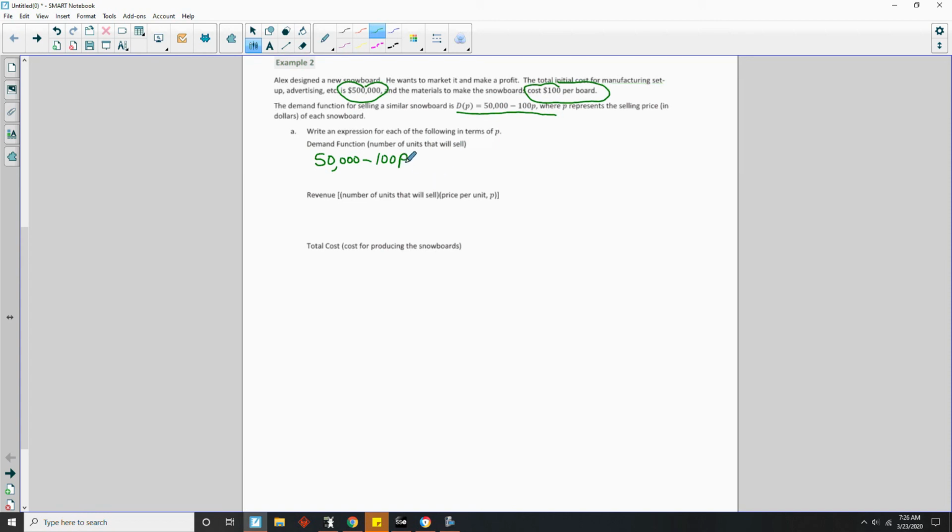The demand function is right here. So if he sells it for $89, that'd be $8,900 for one board. 50,000 minus 8,900, and so on.